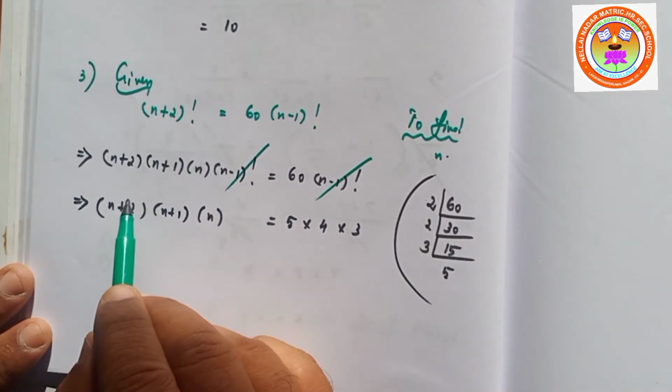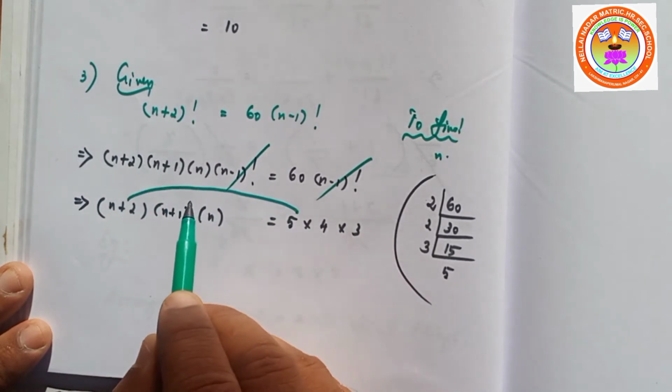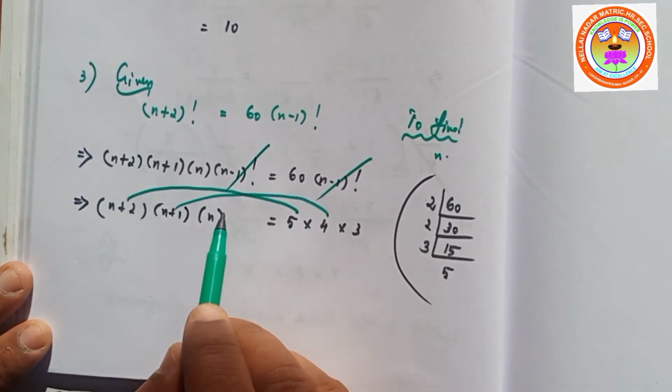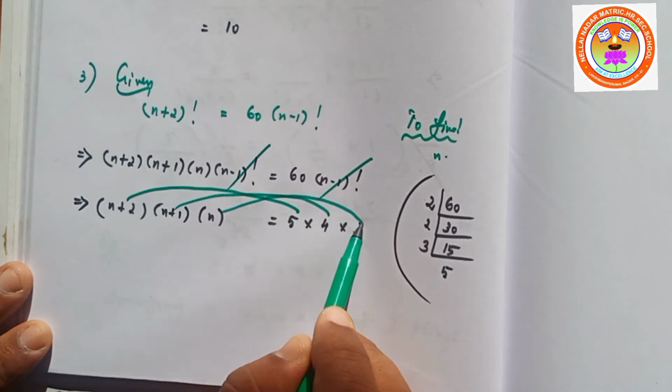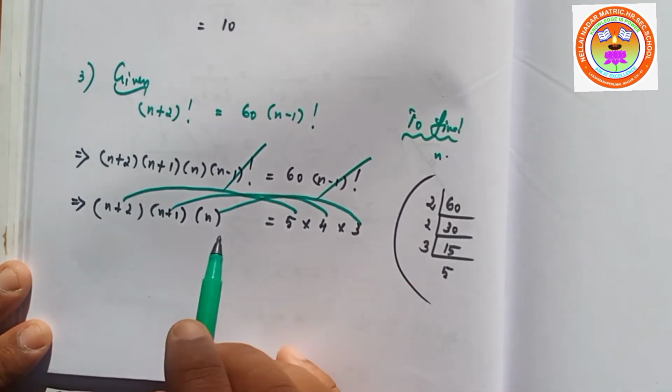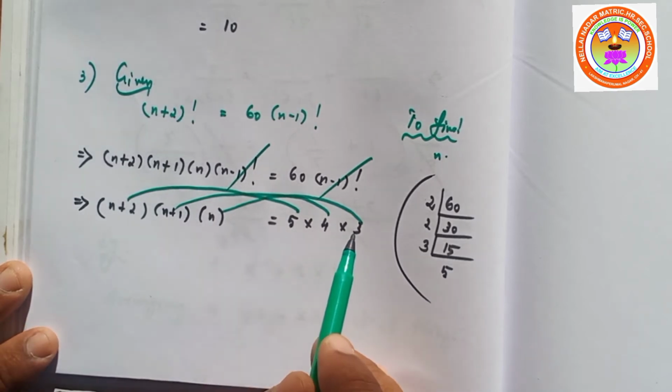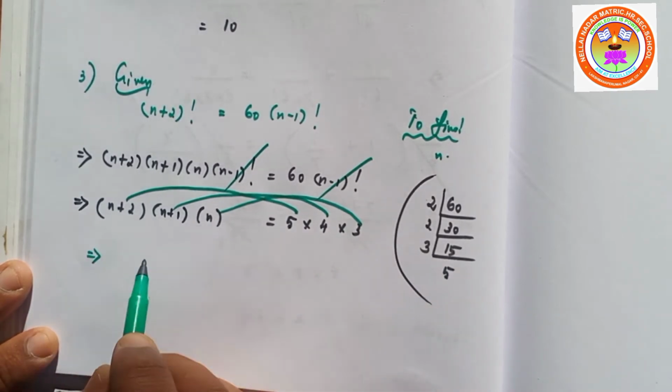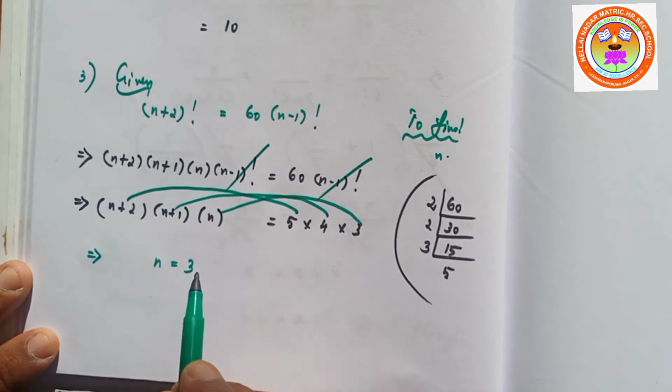Now we can compare first equals first, second equals second, and third equals third. You can compare any one of them for finding the value of n. See, I go for this one, n is equal to 3. You can straight away write n is equal to 3.